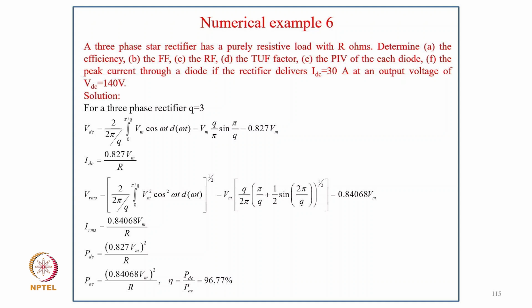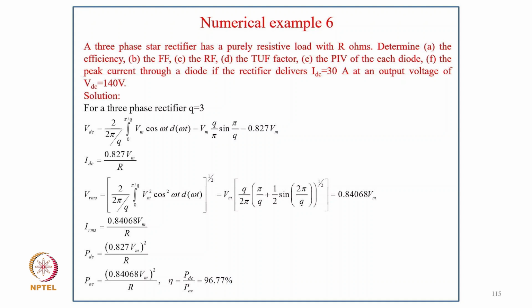For the 3-phase rectifier, q equals 3, so VDC equals q upon 2 pi, integral from minus pi by q to pi by q, and solving it becomes Vm q upon pi sin pi by q, that becomes 0.827 Vm. So IDC equals 0.827 Vm upon R, and Vrms equals in bracket q upon 2 pi integral of Vm square cos square omega t, to power half, and it becomes Vm in bracket q upon 2 pi, q upon 2 plus half sin 2 pi by q, square root of that becomes 0.84068 Vm.